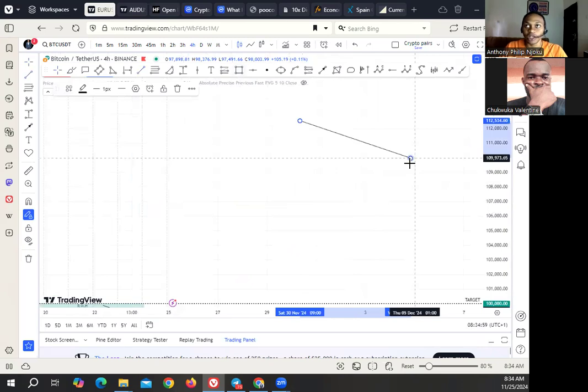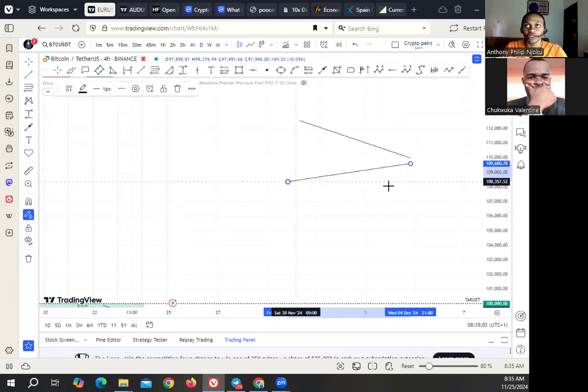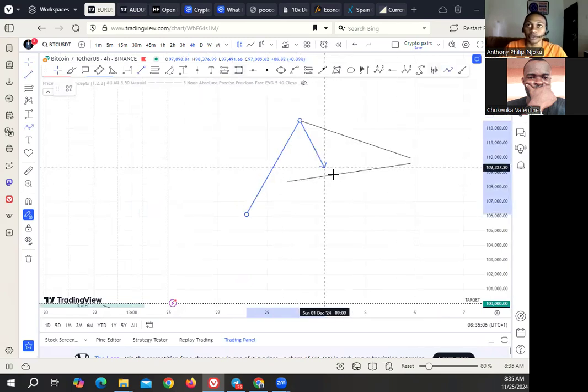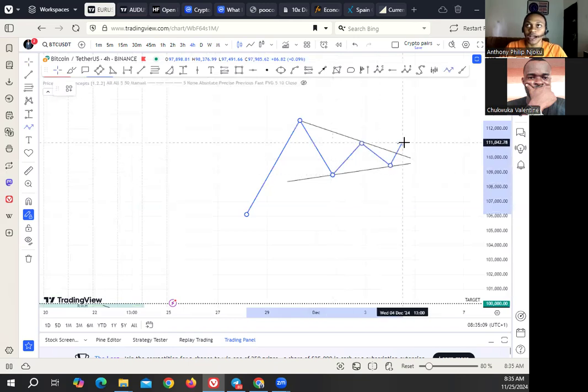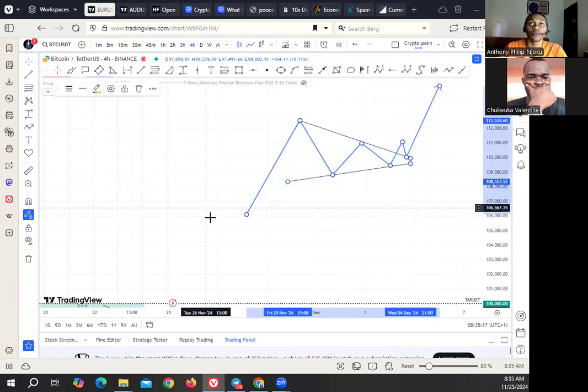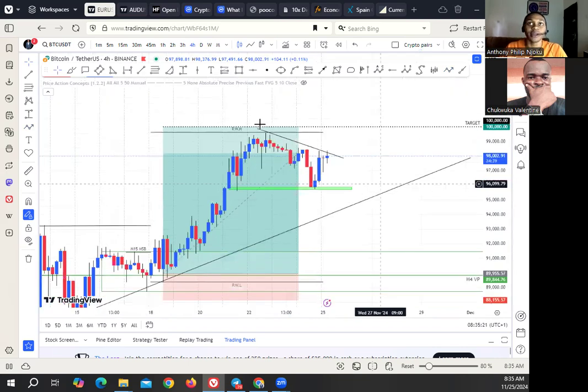What we're looking for literally is buy opportunities, okay? This is what the ascending wedge looks like, and then there's always a break, a correction, for another push to the upside. So that's what I see for this particular 4 hours time frame.